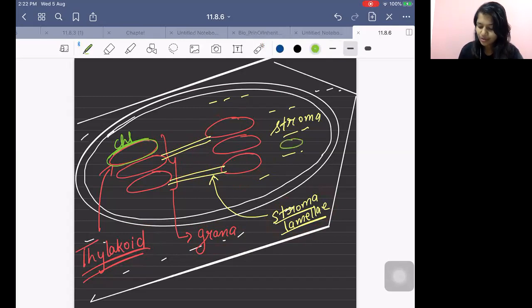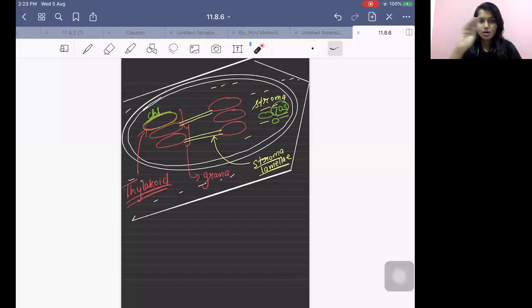Now tell me, which type of ribosomes will you get here? It will be 70S ribosome. Got it? Because even this follows the endosymbiont theory. So even this has 70S ribosome.